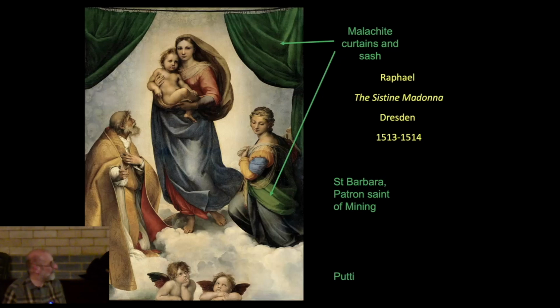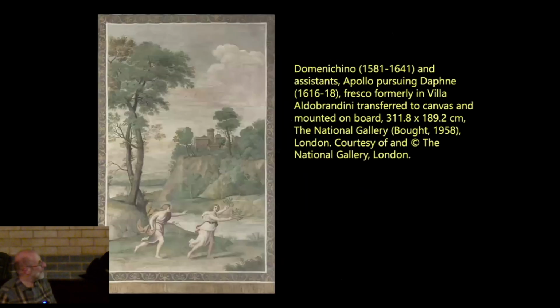Two distinctive winged cherubs, the putti, sit on their elbows beneath her, and the heavenly association of malachite is retained in the sashes of the curtains, being pulled aside to reveal this heavenly scene, and the colored sash around St. Barbara. And again, we've got use of a much paler malachite green in this painting from the National Gallery.